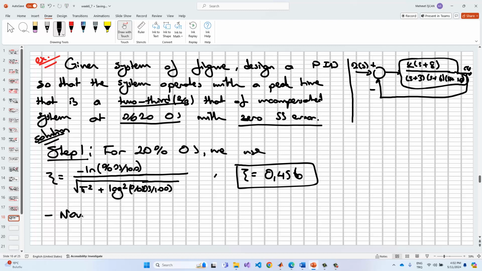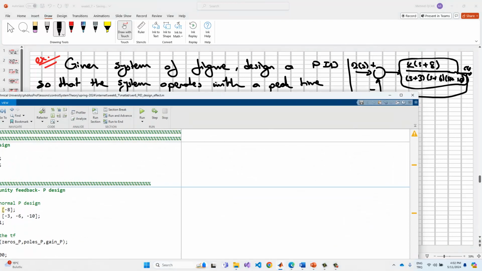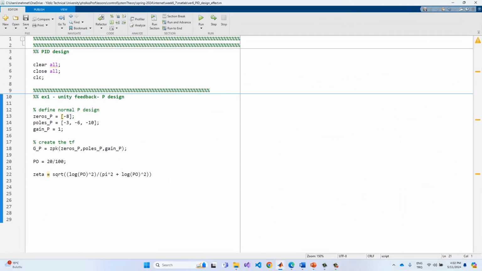Secondly, now we can find the dominant pole at root locus, right? Which is equal to what? We should draw the root locus of these terms.